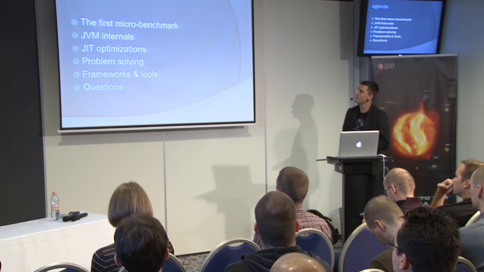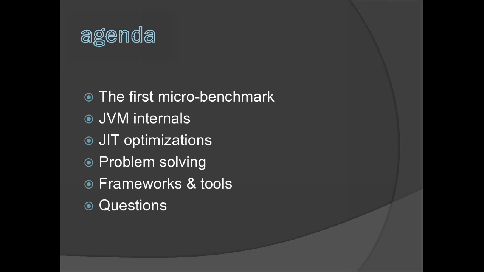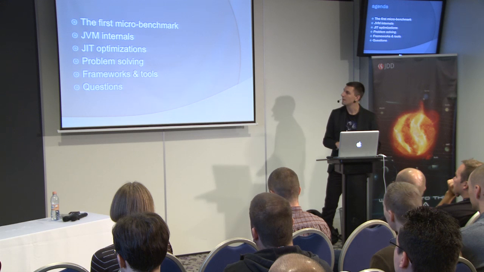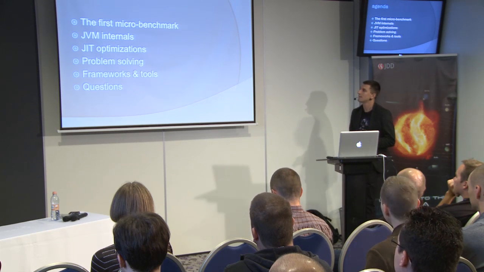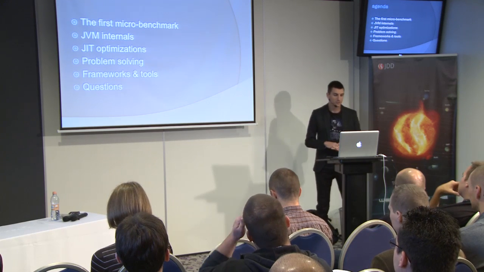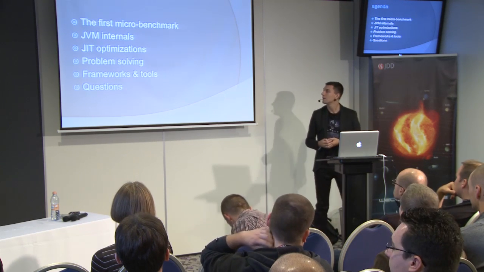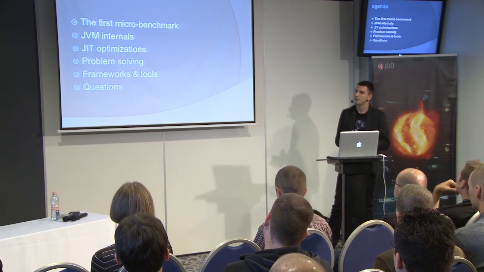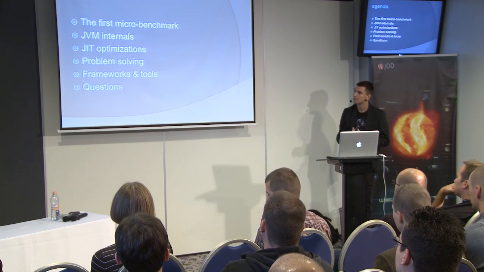My presentation is divided into a few parts. Firstly, I will show you a very simple microbenchmark, and we will see what is the result of its execution. Then I will talk a little about JVM internals, some JIT optimizations, and so on.